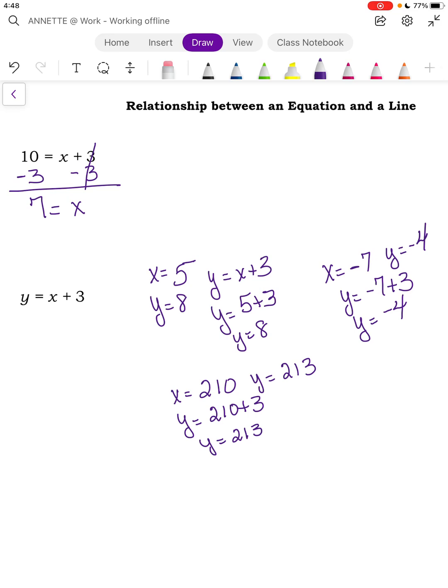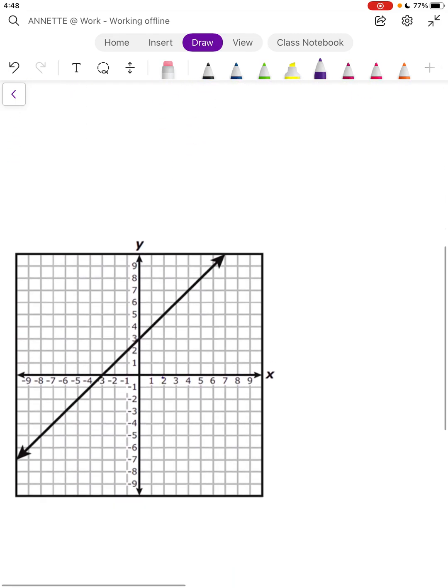So what could we do to show somebody all the answers for y equals x plus 3? There's an infinite number of answers, right? So how could we show it to them? Well, let me give you a hint.